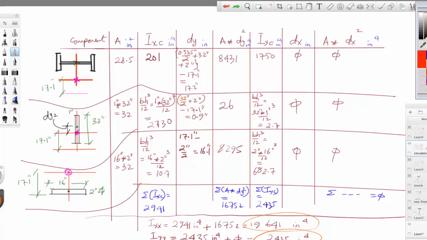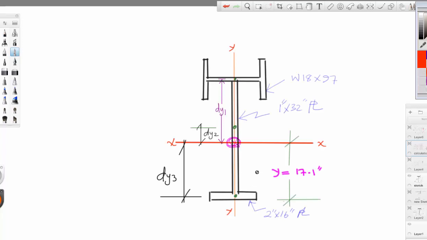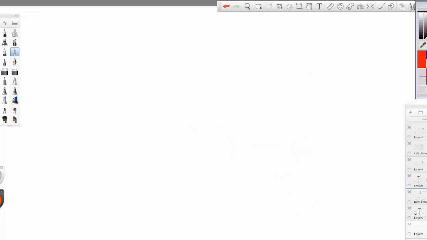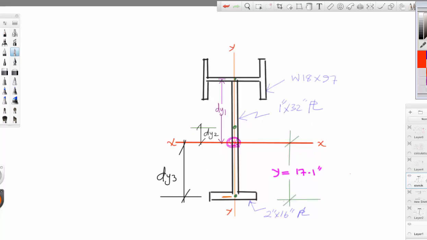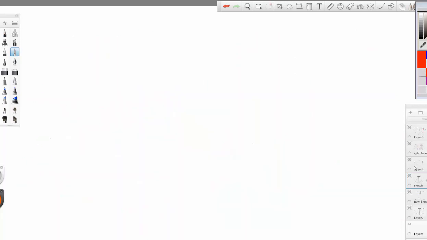Of course, the y distance will be the distance between this and this, which is 2 divided by 2. So we go back to the calculation. Sorry, we have to measure this from the entire section here.